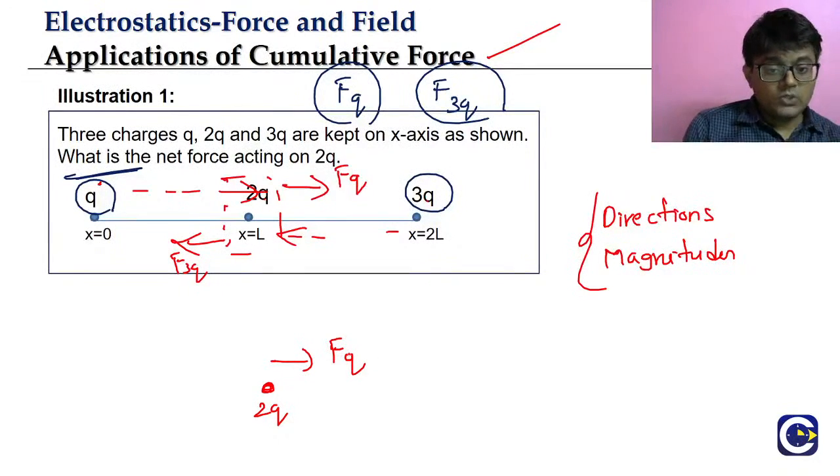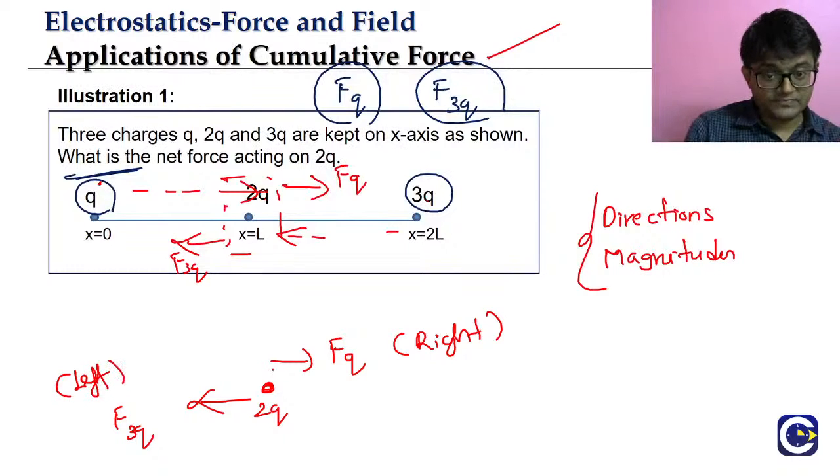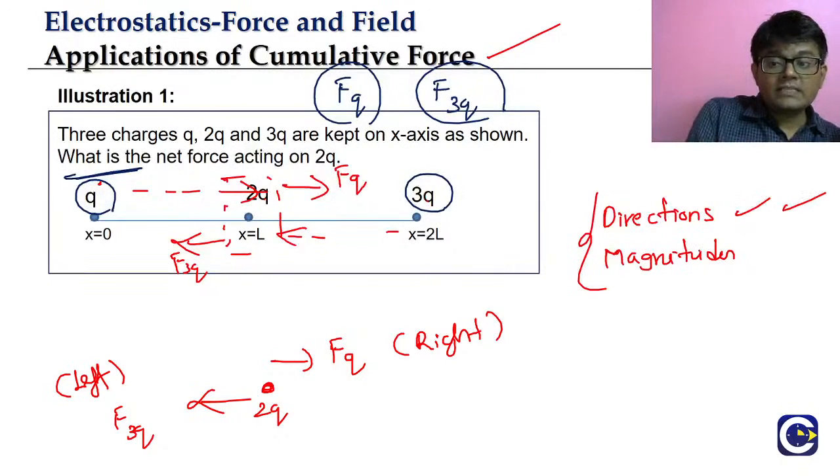Force because of q, in the particular diagramல it will be towards the right side. அந்த மாதிரி it will experience one more force, that is force because of 3q. அது எந்த பக்கம் வரும்? It will be towards the left, because 2q is repelled by q, அந்த மாதிரி 2q is also repelled by 3q. Okay va? So we are able to know what are the directions of the forces.